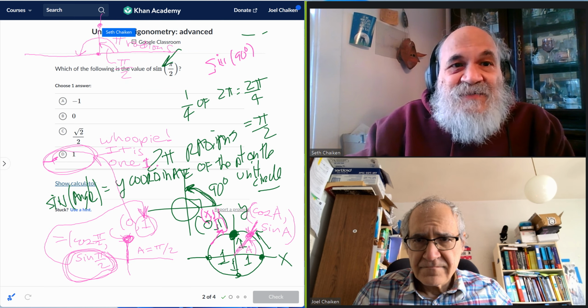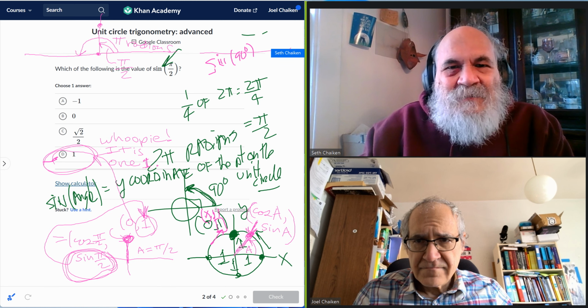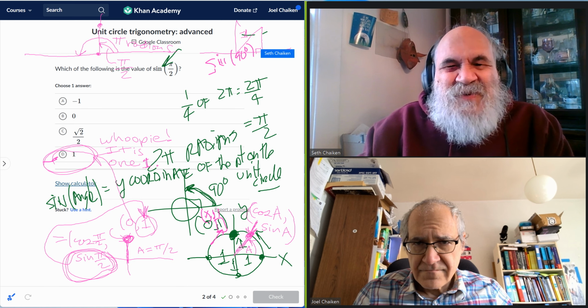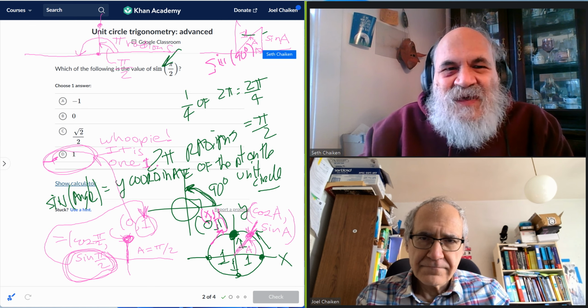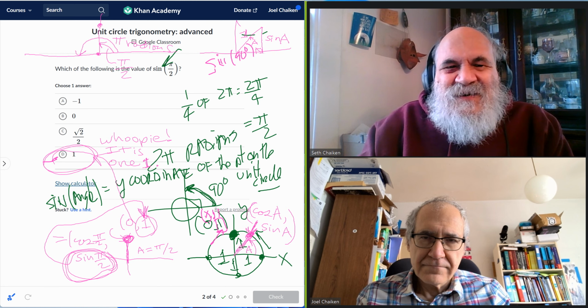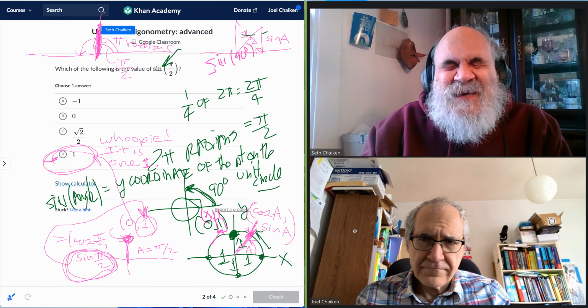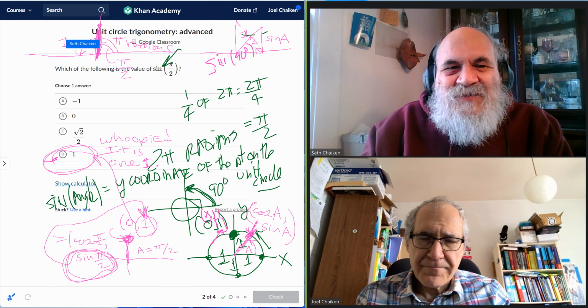And then the second thing is that when you have a unit radius, the length of the perpendicular opposite the unit radius is the sine of the angle. So I thought of these two things, and so I thought that the sine is the length of this vertical thing, which is 1.